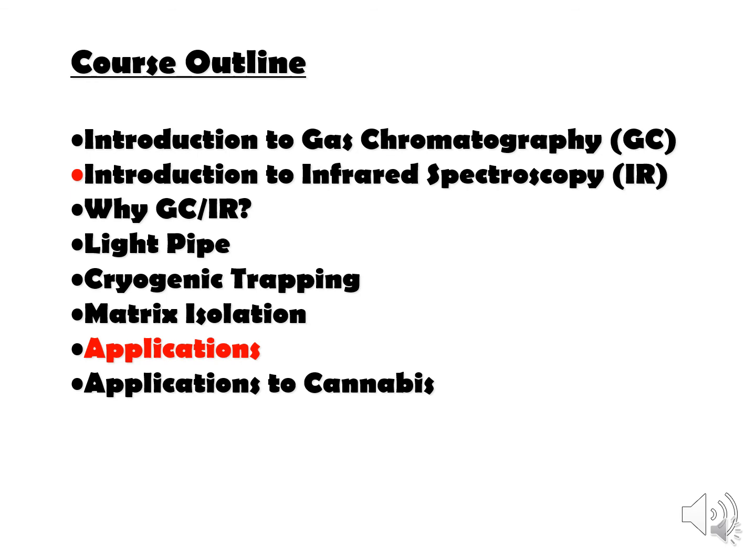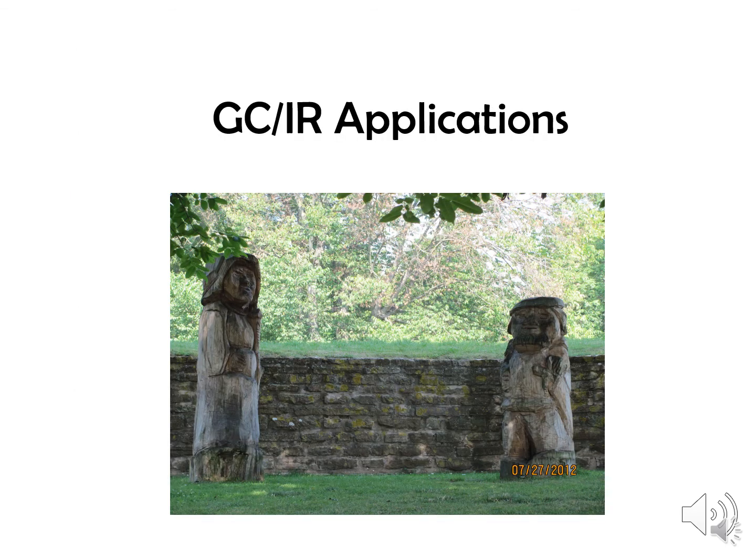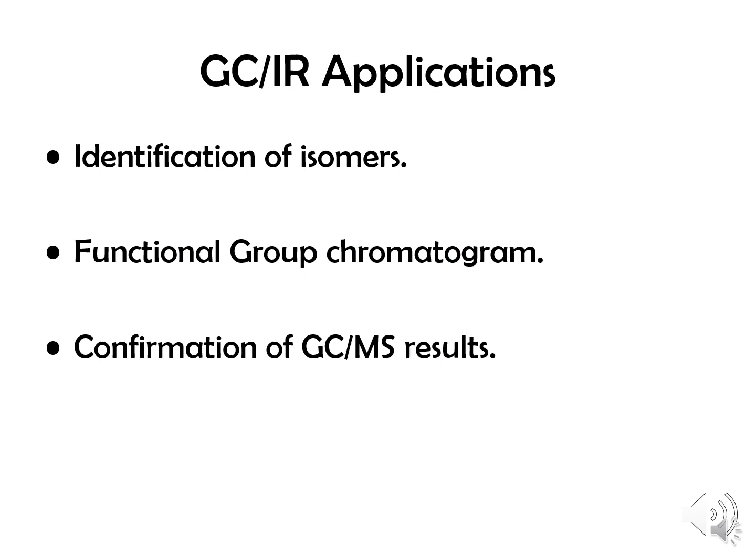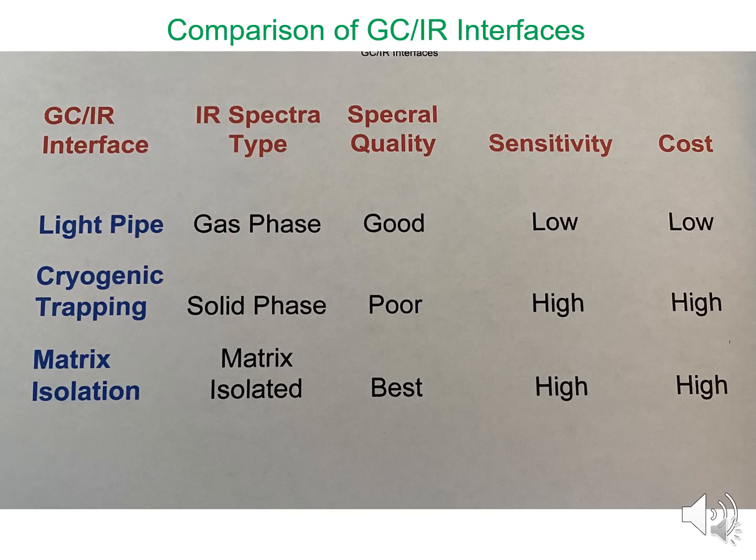Okay, let's talk a little bit about some of the applications of the GC-IR. Very, very good at isomer identification, functional group, and confirmation of results with GCMS. So this is not going to be a routine technique. This is going to be a little more sophisticated technique, which is going to be very, very powerful in certain applications.